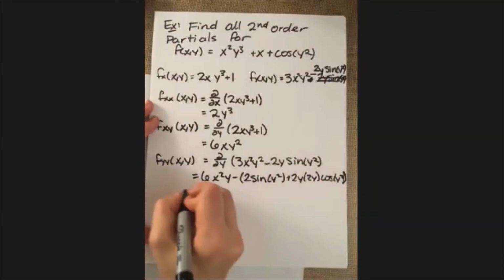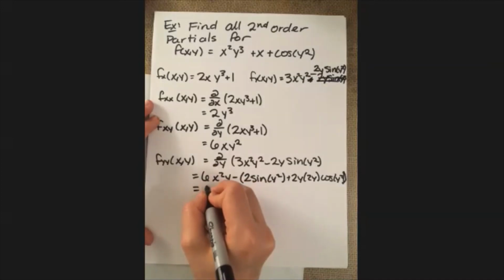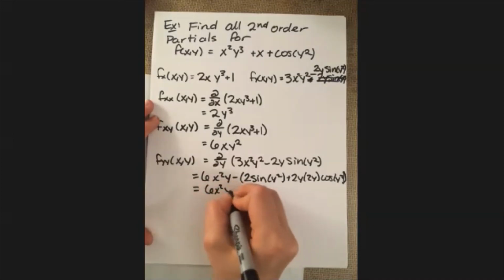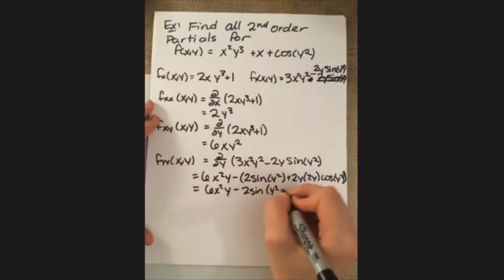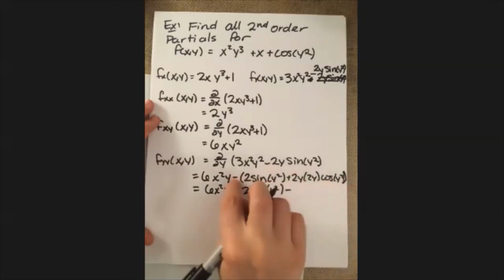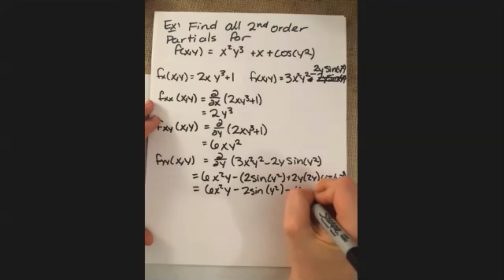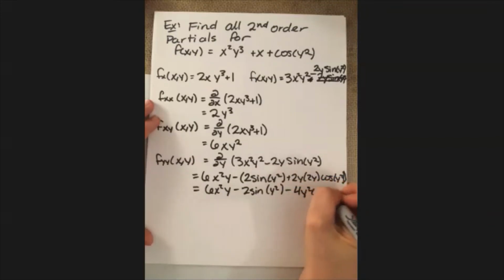So I guess we can distribute that negative and simplify some things down a little bit. We'll get 6x squared y minus 2 sine of y squared, and then minus, distributing that negative through, 4y squared cosine of y squared. Okay.